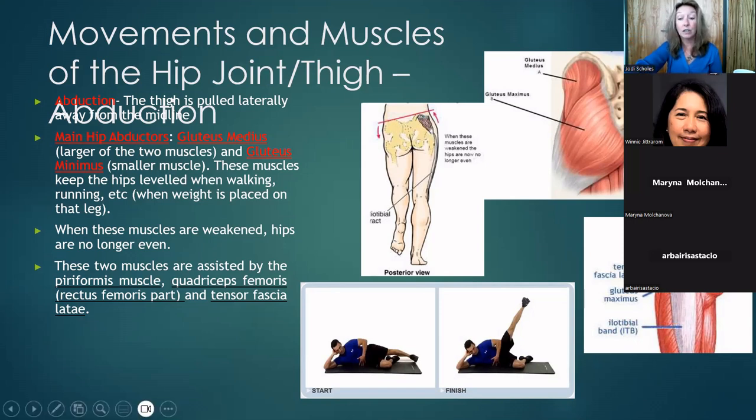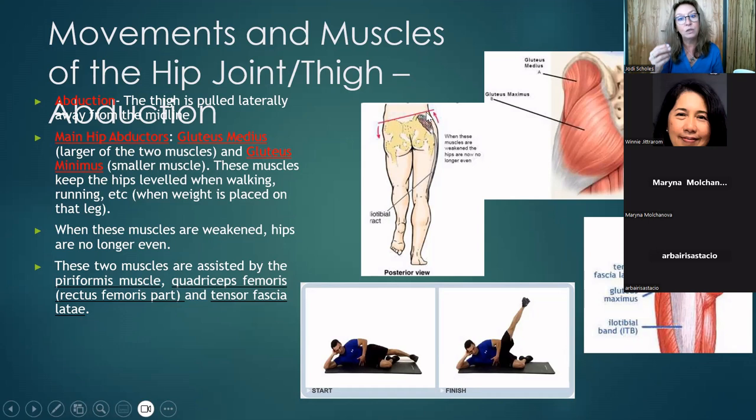But let's look again at abduction. So we've got the TFL involved, the IT band, and just so you're familiar with these general areas. Now, one other condition, one other pathology I want to talk to you about is when these muscles are weakened. If these muscles are not activating, then you can see here, it's very easy for those hips to be uneven.